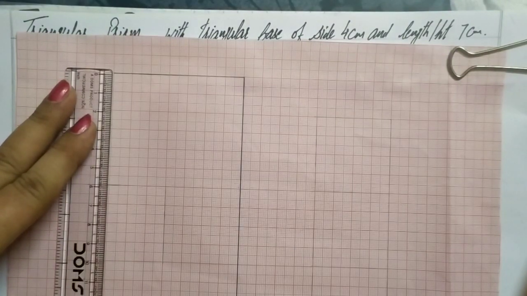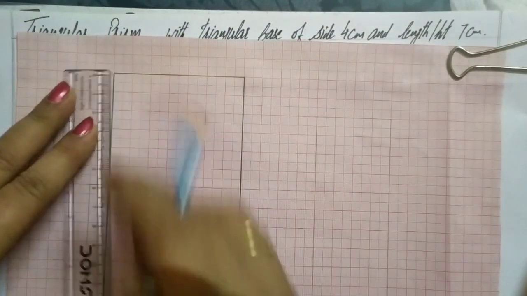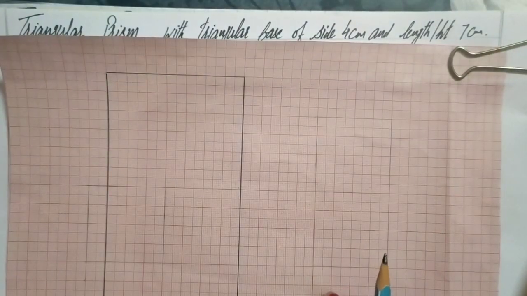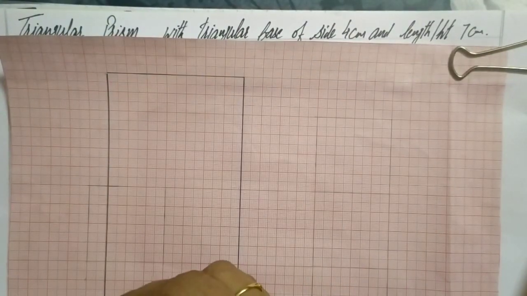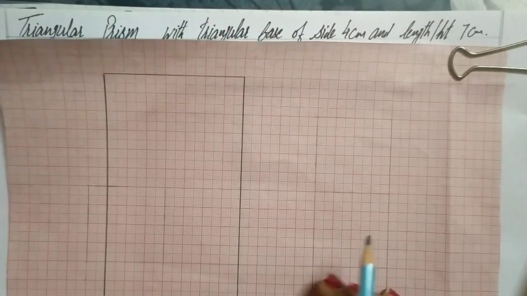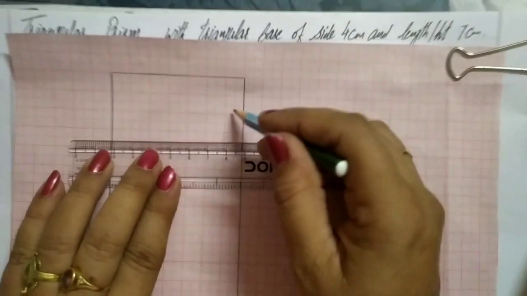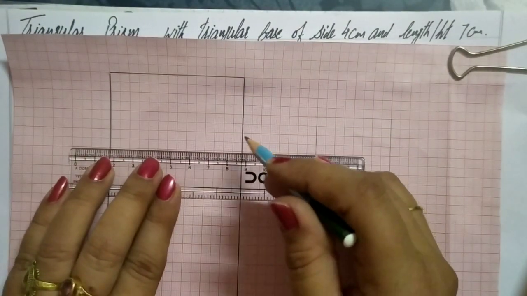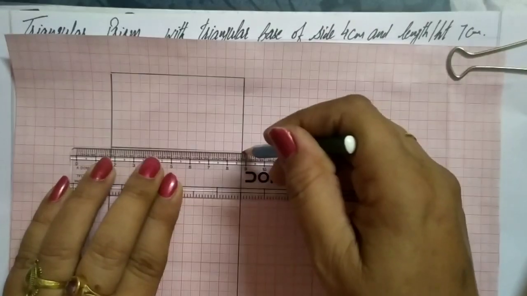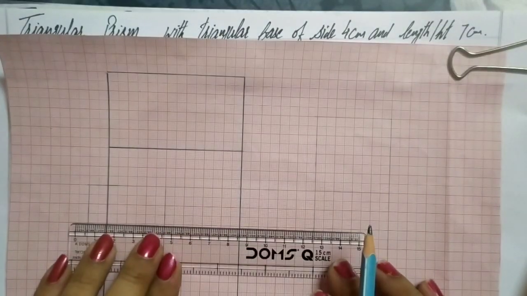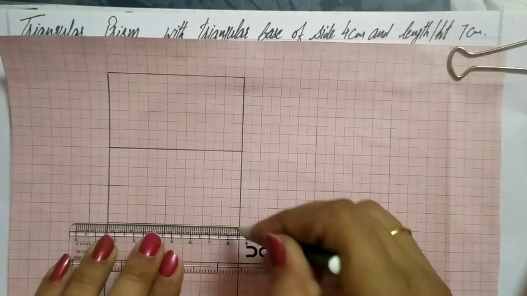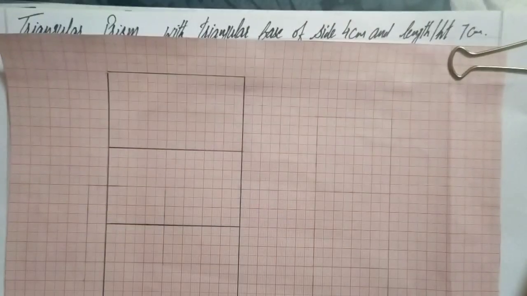So 12 boxes. Now divide them in 3 parts, 3 rectangular parts, 1, 2, 3 and 4, each containing 4 boxes. So 7 by 4, 7 by 4. Right.